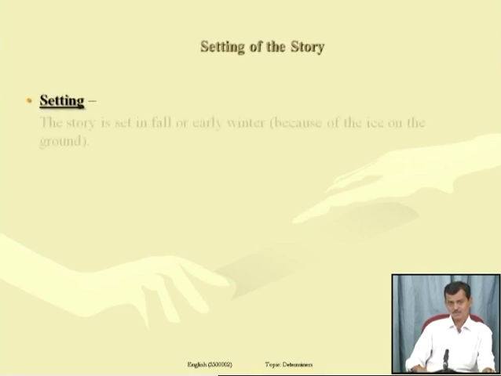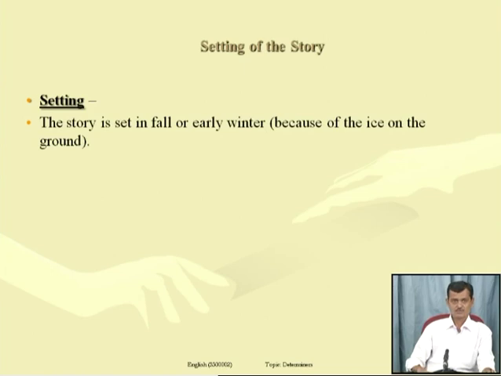Talking about setting, the story is set in fall or early winter. Now, how do we come to know that in this particular season the story has been set? We know this when we read about the ice on the ground.